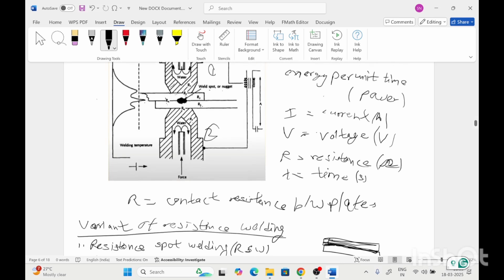Yes, ma'am, the welding joint will be dissimilar. Generally, we prefer plates of the same thickness, because the strength will be low if we use dissimilar thicknesses.